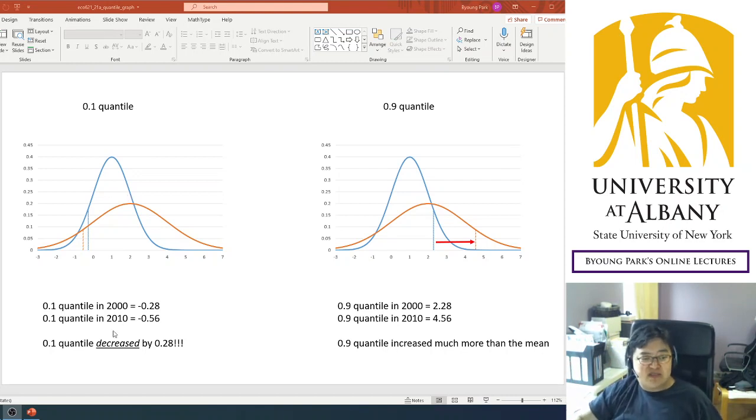So this is a surprising result. And if you look at the 0.9 quantile, the 0.9 quantile income increased by more than 2. So the actual increase is twice more than the increase in the mean.